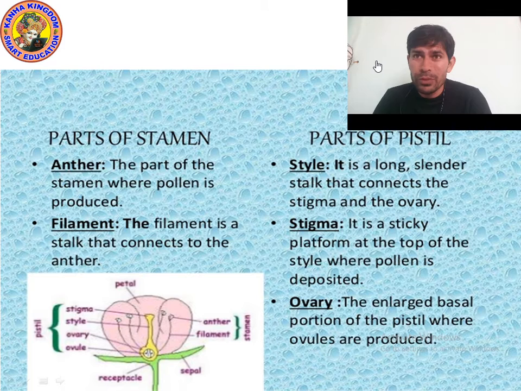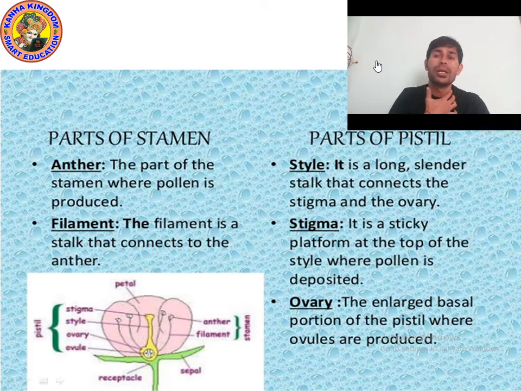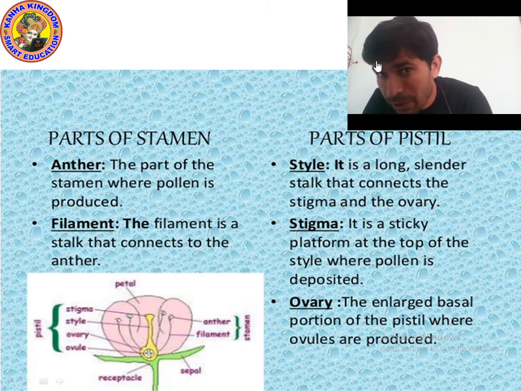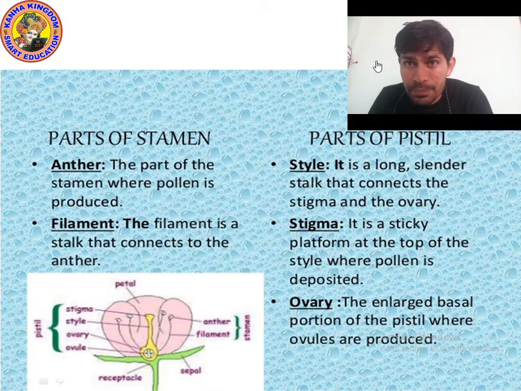The pollen which is transferred from the anther goes to the stigma, and from the stigma it goes into a pipeline known as the style, and it reaches the ovary. So it is a sticky platform at the top of the style where pollen is deposited.